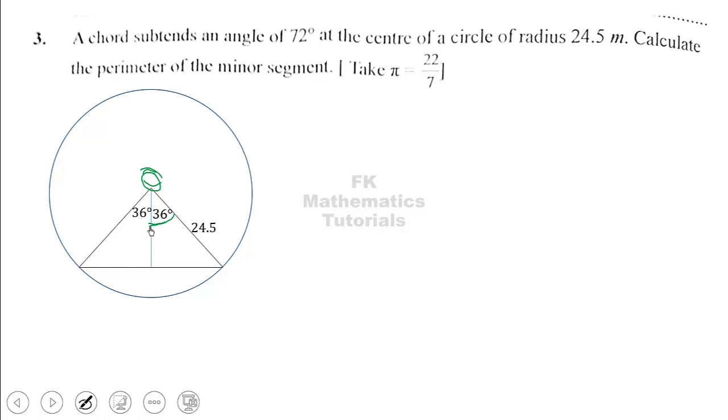So using the trig ratios, we know sine 36 degrees will be equal to opposite, which is, let me call this D. We need to find the length of this whole chord from here to here. So half of it, I'm calling it D.